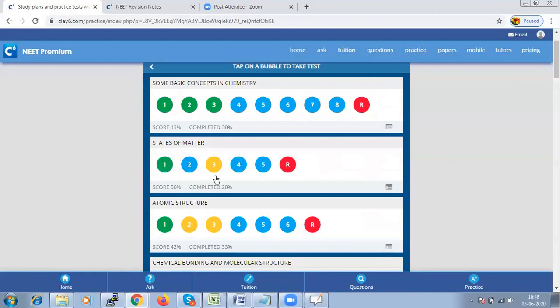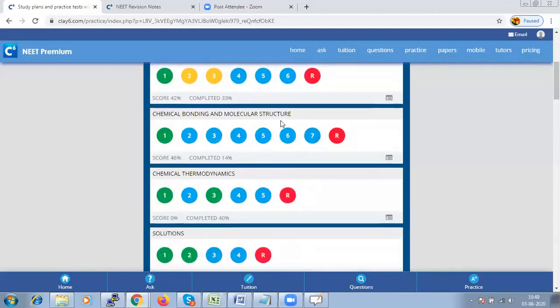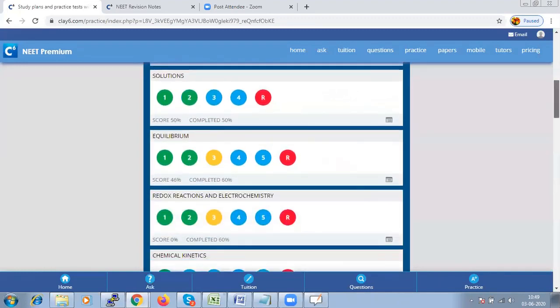The colors differ: green indicates that the test is already taken, blue means it is in progress, yellow means it is yet to be taken, and R is a random test. Each chapter has n number of tests, and the number of tests depends upon the weightage of the chapter.